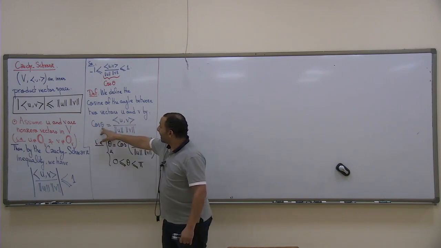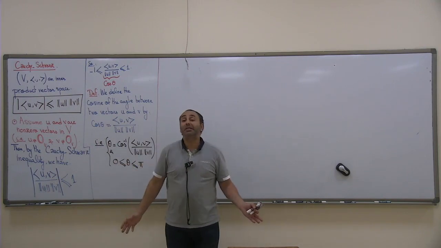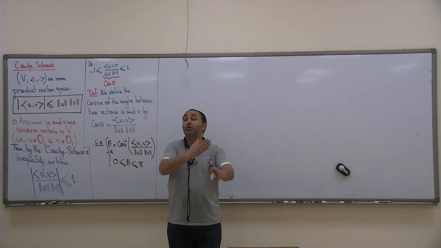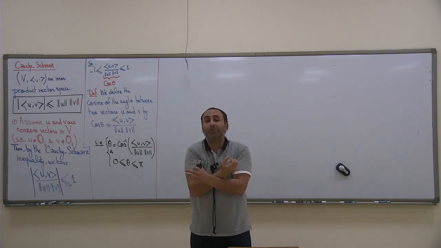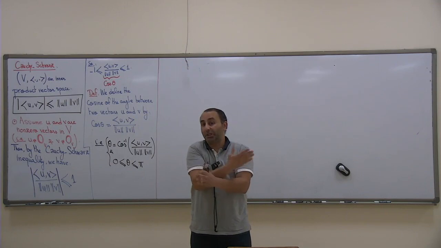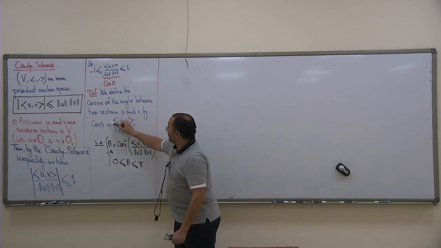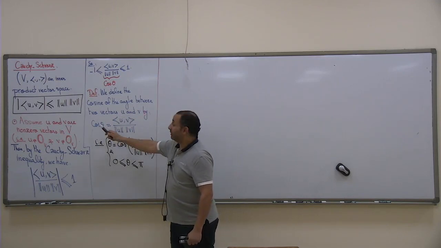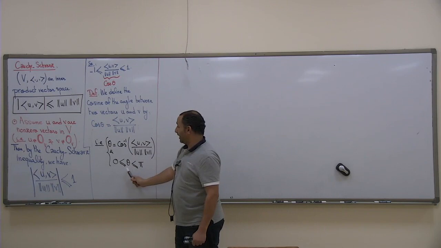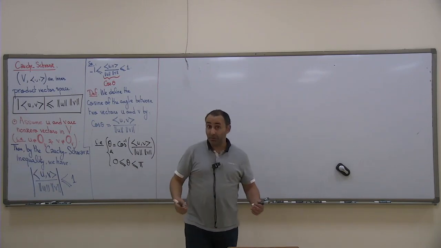So if the cosine is equal to 0 and your angle is between 0 and pi, that means theta must be pi over 2. This is what we took from the Euclidean geometry, this terminology. So I repeat, if the inner product is equal to 0, the cosine of theta is equal to 0, and theta between 0 and pi tells you theta is equal to pi over 2.